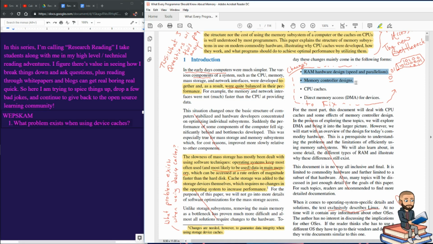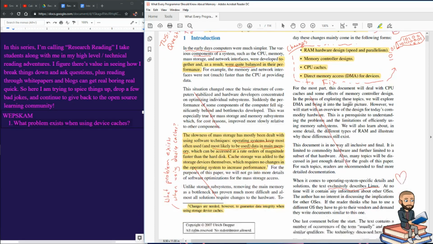More on that later. Another change is in CPU caches, and there's so many different types of caches out there, and it gets confusing. And then here's one of our older concepts, and I'm still trying to figure out exactly how much it's not used anymore, or if there's just a new way to think about this, but I'm talking about direct memory access. That's kind of a tricky topic, but I'll elaborate on that later.